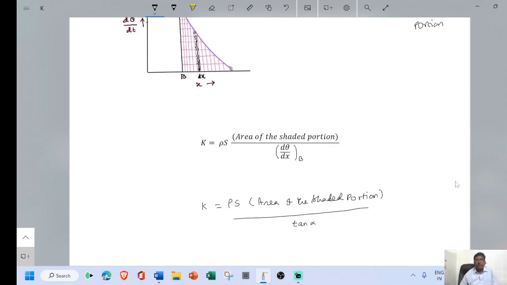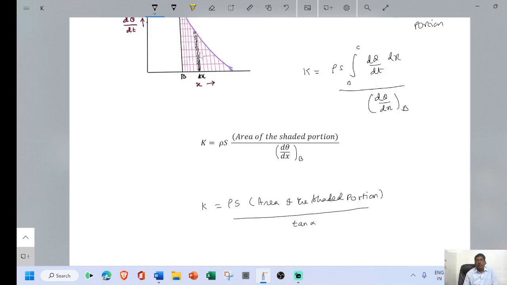Now the thermal conductivity K equals rho into S, integral b to c of d theta by dt into dx, divided by d theta by dx at the point B. Instead of this d theta by dt into dx integral, we have to put this area.